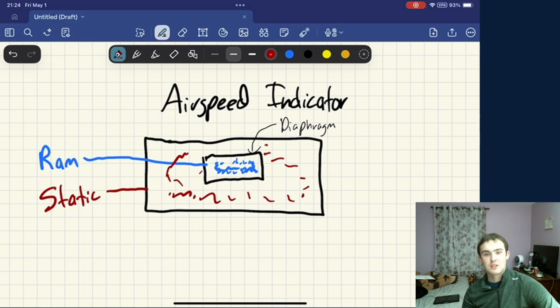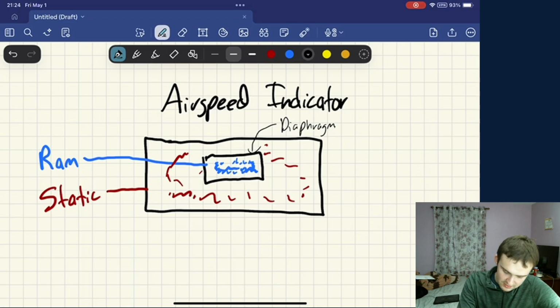And what that's doing is it's creating a difference in pressure, assuming we're moving. Because if we're just parked up on the ramp, assuming there's no wind or anything providing any sort of alternate airflow, our ram pressure and static pressure is going to be the same. And what that's going to give us is an airspeed of 0 because the pressure is the same.